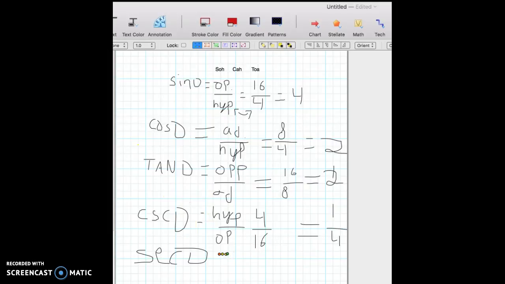Okay. So our secant is going to be the complete polar opposite of our cosine of D. So we're going to take adjacent over hypotenuse, that formula we found, and just flip it. And that's going to be hypotenuse over adjacent.